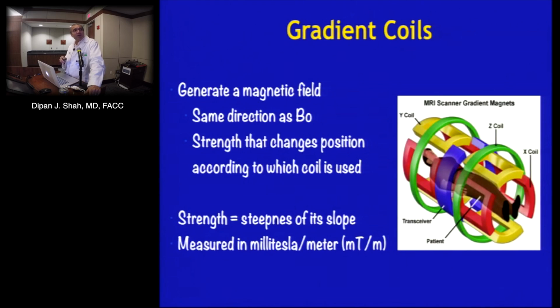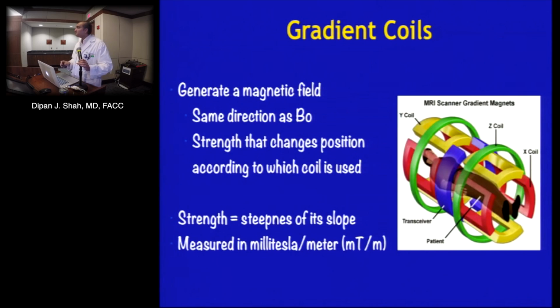These gradient coils are within the bore of the scanner, and they exist in 3 different directions: a set in the transverse or Z axis, a set in the X axis, and a set in the Y axis. So there are 3 different gradient coils within the bore of the scanner, and how you play those different gradient coils allows you to cause alterations in the magnetic field at different locations inside the magnet itself.